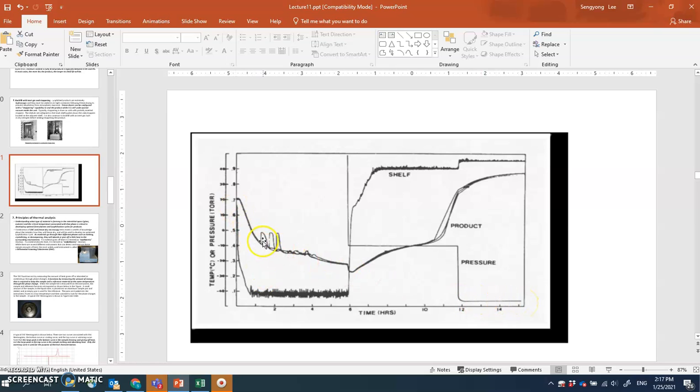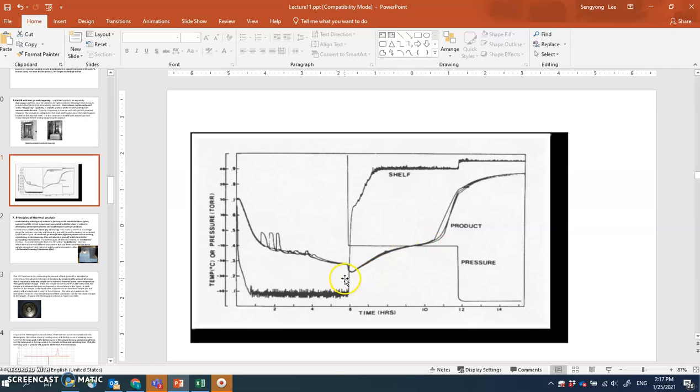And then this is maybe the product temperature. So the shelf temperature, of course, is colder, so product temperature follows the shelf temperature. So it's getting down, it's frozen. I don't know where the eutectic temperature or glassy melt temperature is, but it's going down much further. Once it's all frozen through the primary and secondary freezing process, the vacuum is pulled, and then you are heating up a little bit to get the drying done.